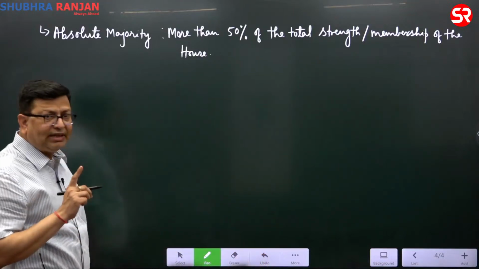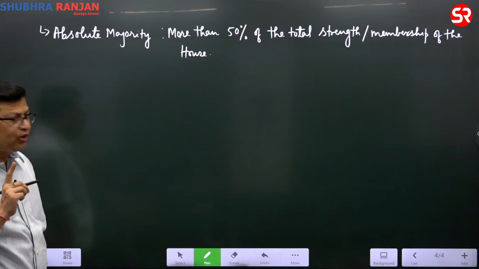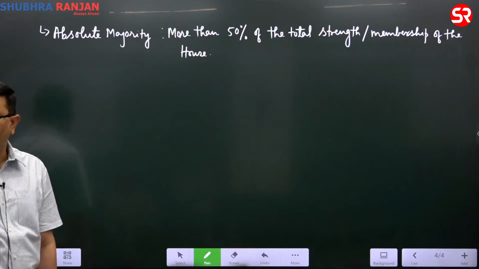It is more than 50% of the total strength or membership of the House.